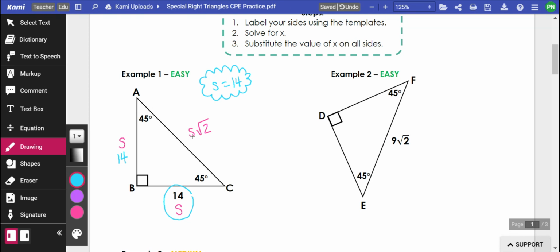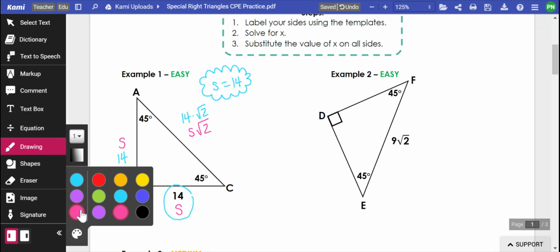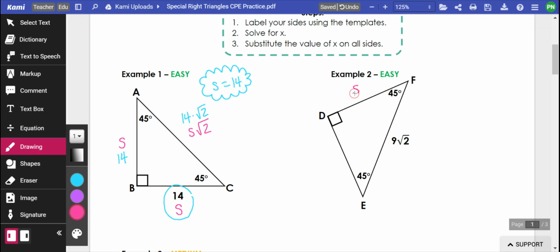And then when we substitute, we're doing 14 times the square root of 2. And that's it. So for our next one, now we're given a hypotenuse instead. So I'm going to label it with my template again, s, s, s radical 2.